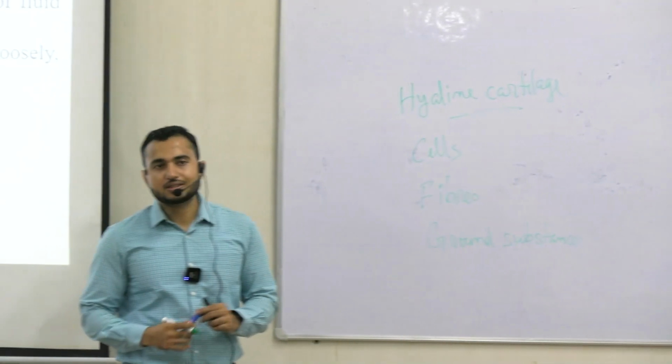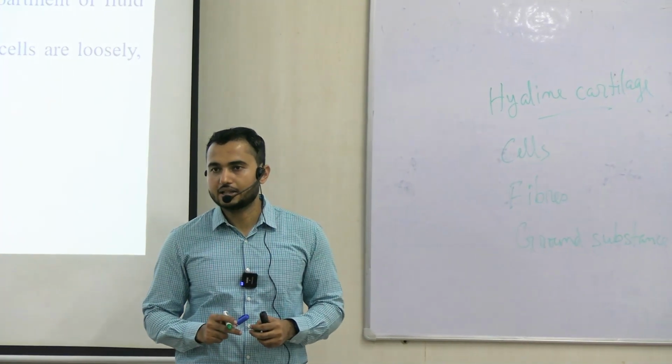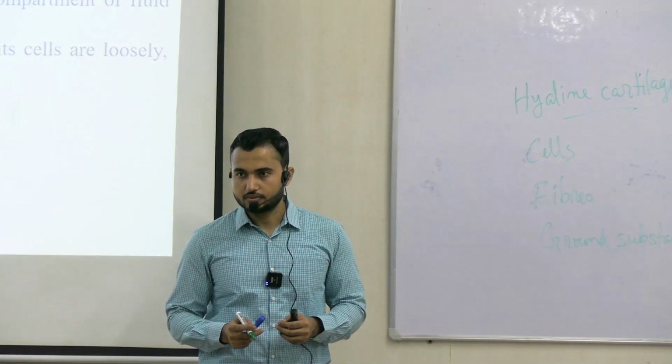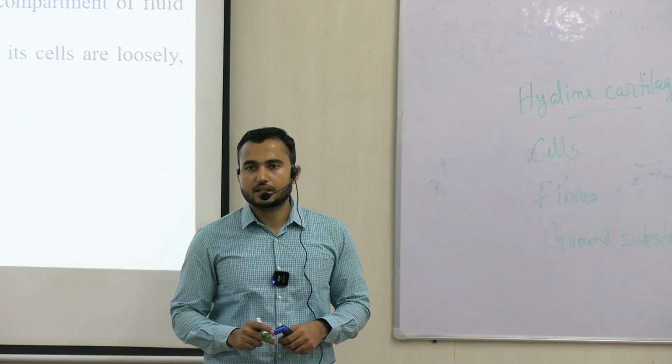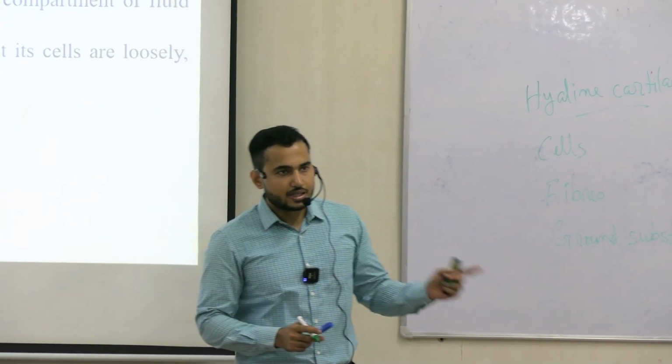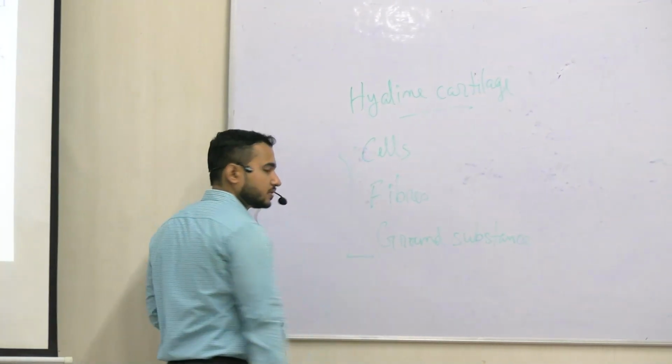These three things were there when you studied day before yesterday about the hyaline cartilage, if you remember. Without this, you will not understand the structure of hyaline cartilage. Similarly, for elastic cartilage and fibrocartilage, these three things are important.